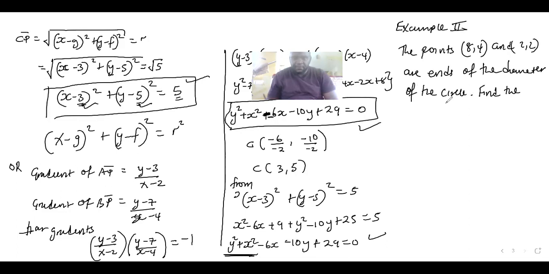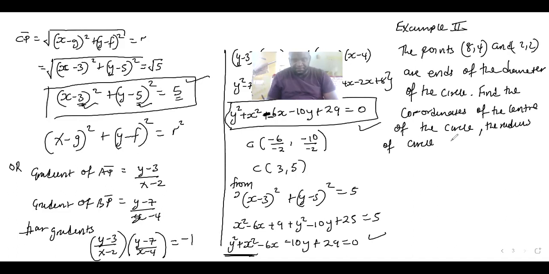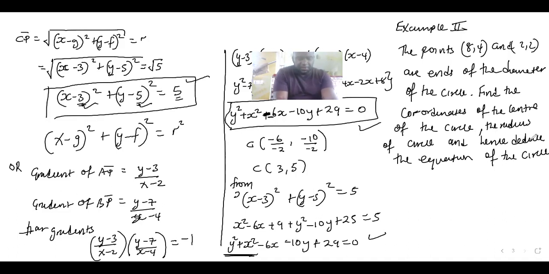Find the coordinates of the center of the circle, the radius of the circle, and hence deduce the equation of the circle. Please check that one out. Try it out now.